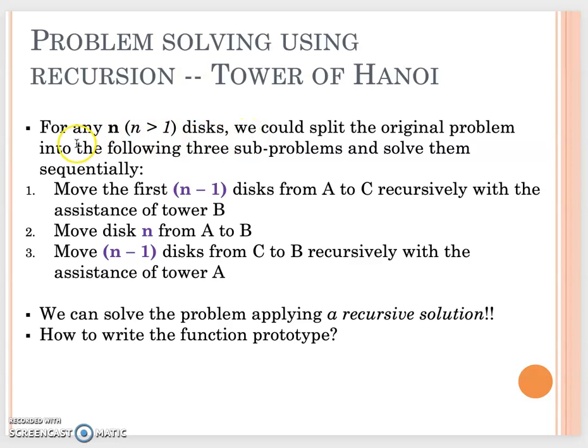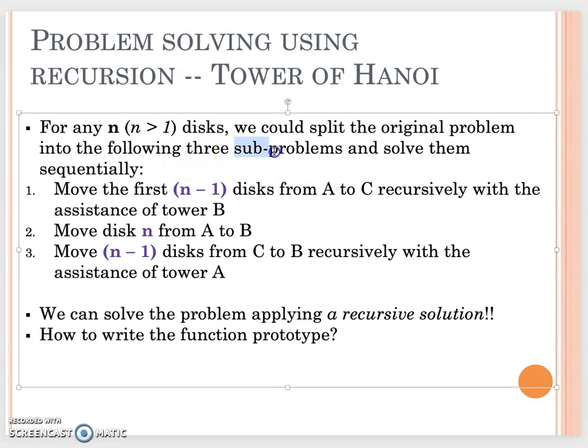So actually for any n disks, as long as your n is greater than 1, we can split this original problem into the following 3 sub-problems, and we can solve them sequentially.